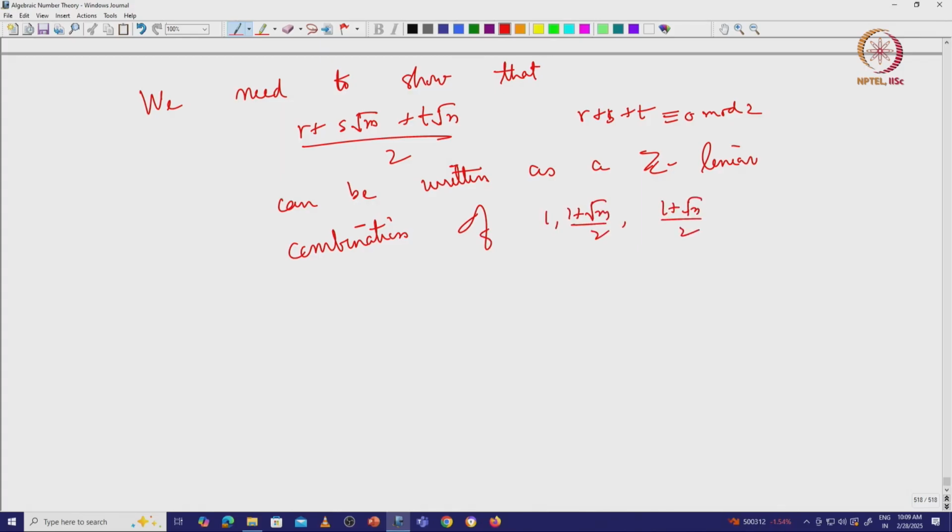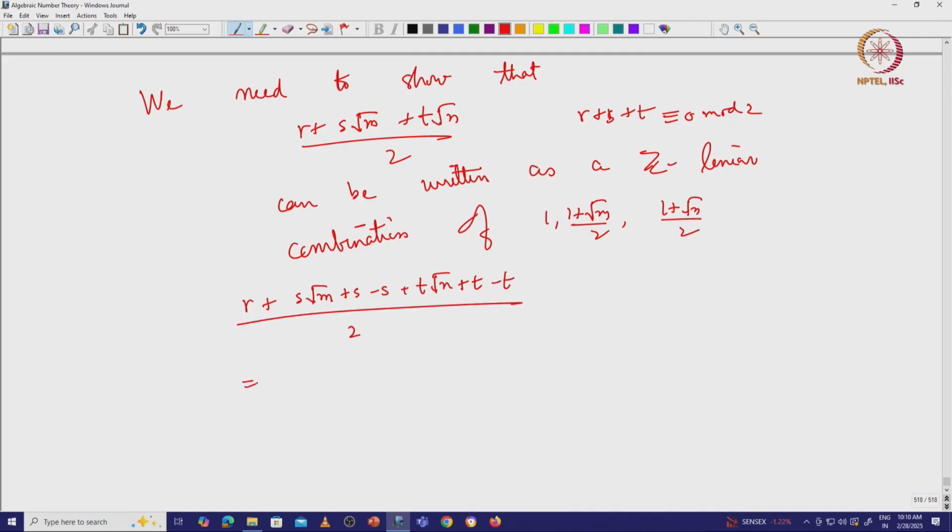And so, you do not really have much choice. What you do is you take r plus s square root of m plus s minus s plus t square root of n plus t minus t divided by 2.